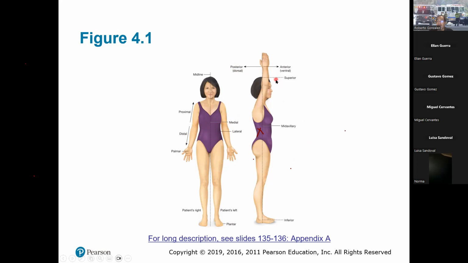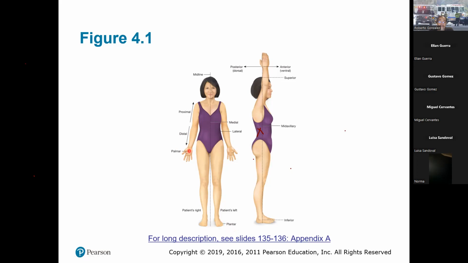Now, of course, superior is to the top, and inferior is to the bottom. Okay. Now, plantar means basically the bottom part of the foot. Well, palmar means the palm of your hand, not of your foot, of your hand. Oh, guys, please don't get those confused, especially when you go to the hospital.